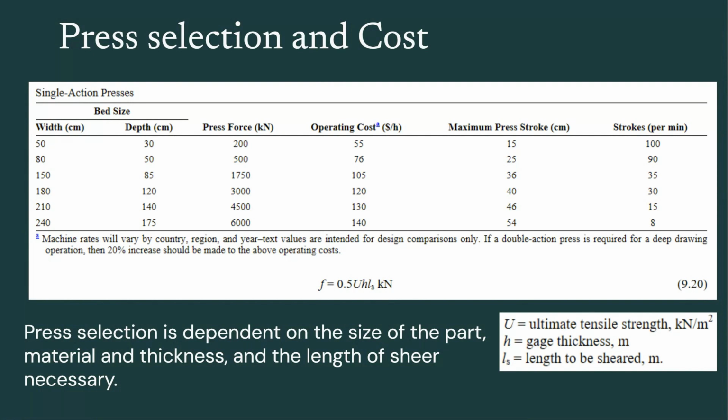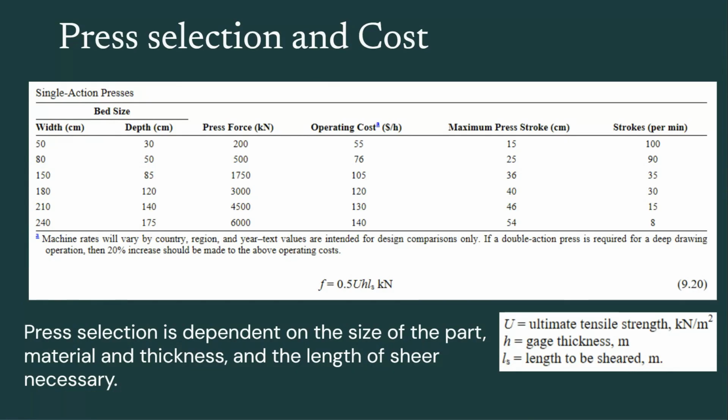You can see here in this table, there are different single action presses that vary by bed size, which you need to make sure you pick a press that has a large enough bed size for your die. In addition, different presses have different press forces, and based off of that, they have different operating costs as well.